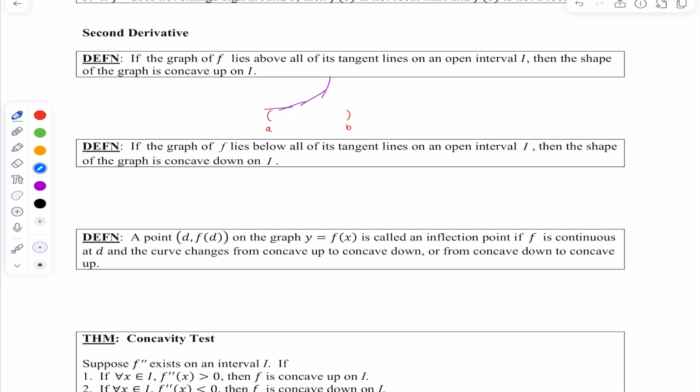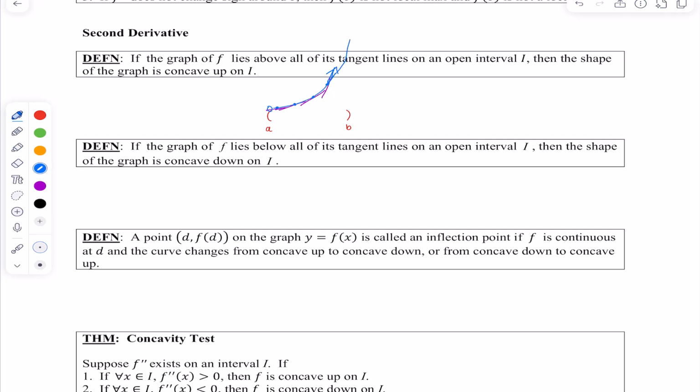And I need to draw the function, the tangent line here, but there would be an open hole here because it's an open interval.